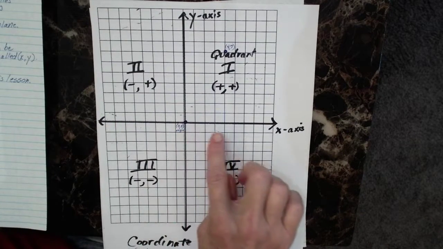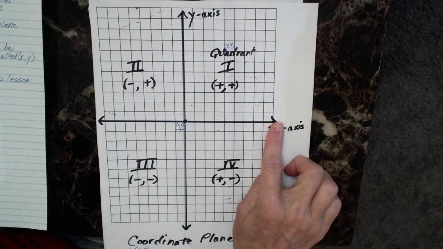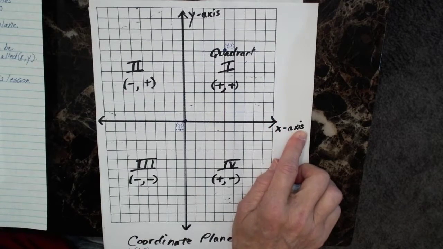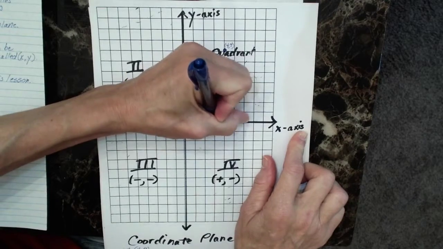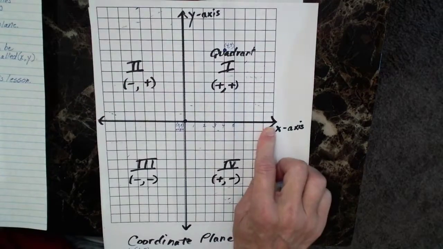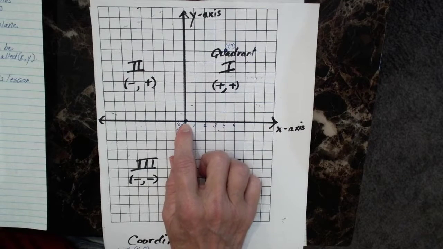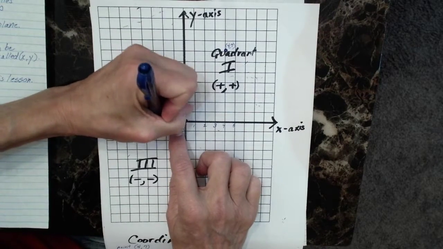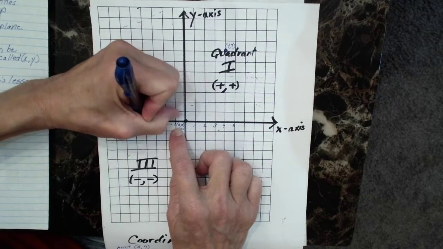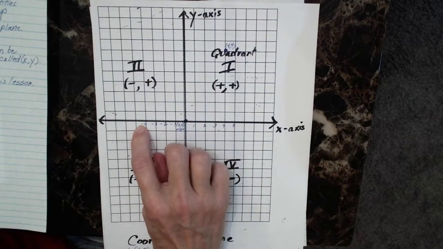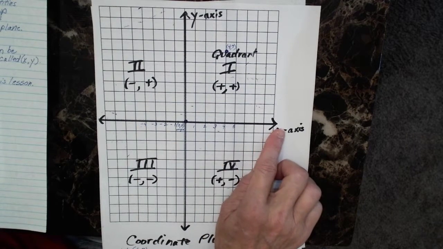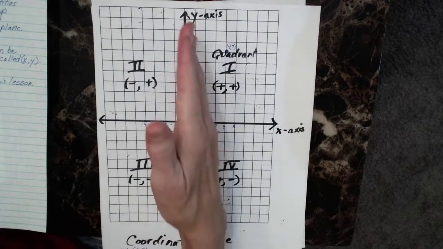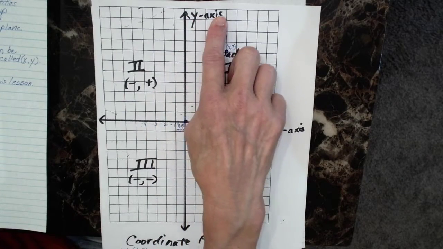You want to create a horizontal line called an x-axis, and it should look like a number line with 1, 2, 3, 4, 5, etc. to infinity. 0, 0 should be your point called the origin, and as you move along a number line, your integers are going to look exactly the same as you would see on a number line. That's called the x-axis. Then you have a vertical number line called a y-axis.